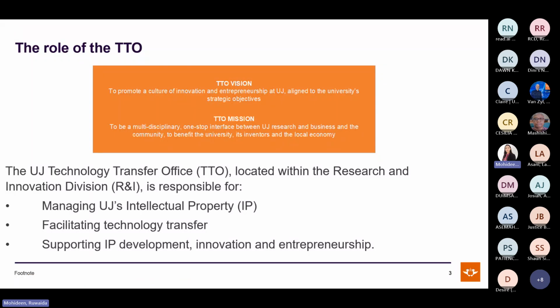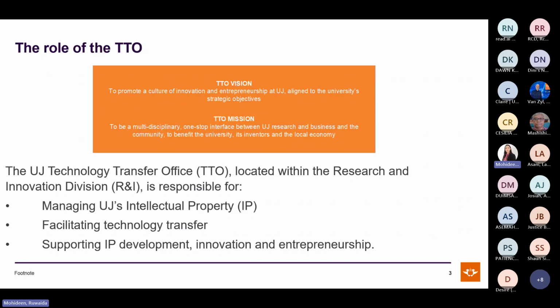So what is the Technology Transfer Office? We are located within the Research Development and Support Division. Our role is to manage all the university's intellectual property, facilitate its transfer by identifying it, protecting it, identifying partners that can take it to market, and ensuring that we derive value from the intellectual property that our research develops.